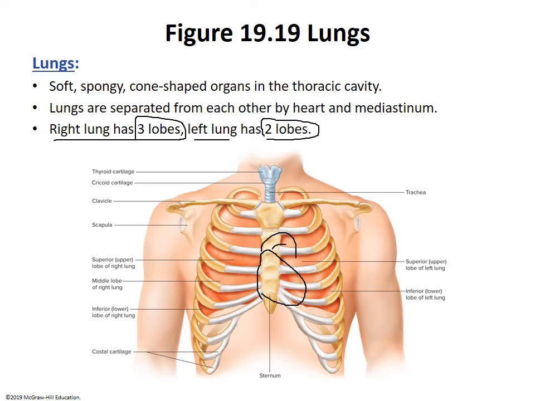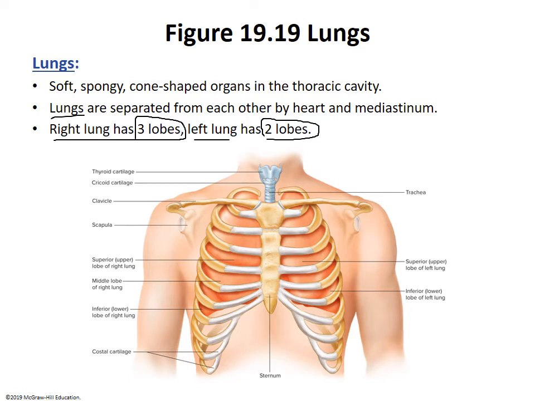And this is going to be the aorta, and then we got this one coming over here. All right, so that probably wasn't a good drawing, but that's the reason that the left lung is smaller, because of the heart being on that side. And that's what separates the lungs.